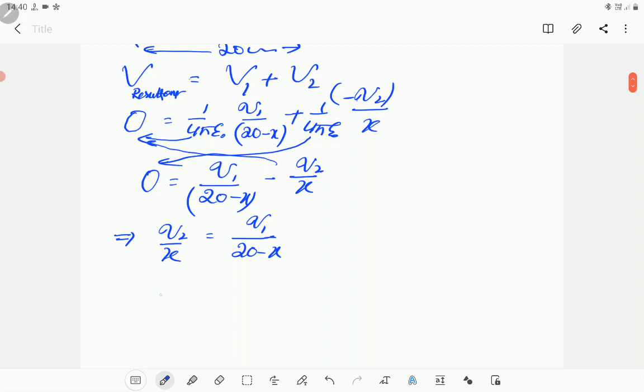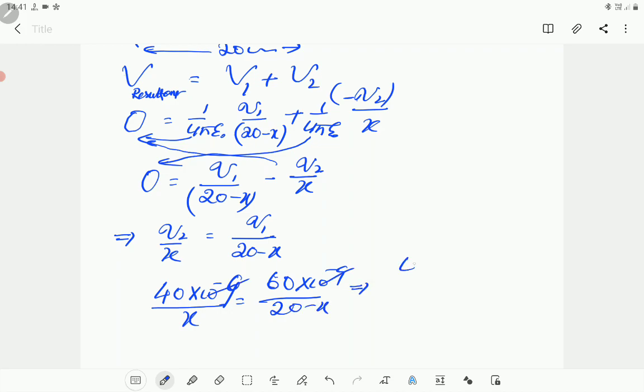You put the value of charge Q2, 40 10 power minus 9 divided by x, equal to 60, he says nano, 10 power minus 9 divided by 20 minus x. The 10 power gets cancelled. So you have on the left side 40 divided by x, on the right side 60 divided by 20 minus x.